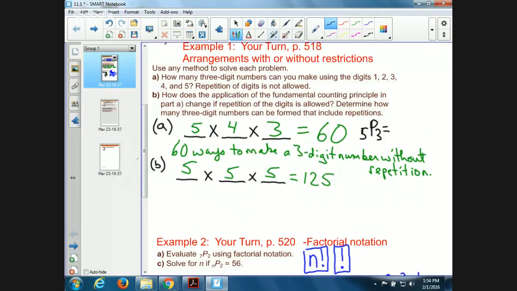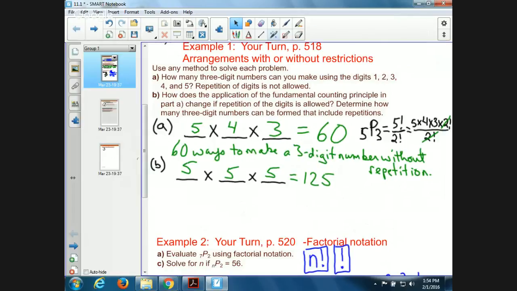Why? Because we've got 5 factorial on the top, divided by 5 minus 3 on the bottom, so 2 factorial. You know that that simplifies to 5 times 4 times 3 times 2 factorial on top, 2 factorial on the bottom.